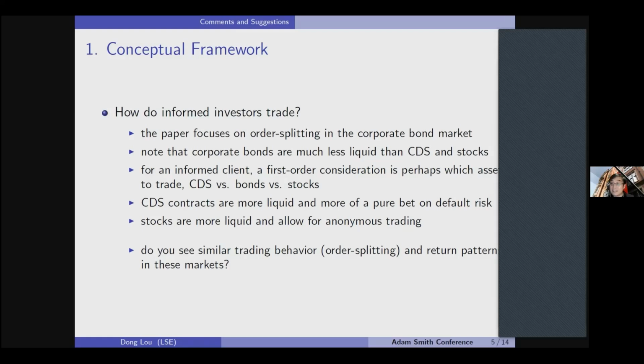Do we trade CDS? Do we trade corporate bonds? Do we trade stocks when we have the signal? Remember, CDS contracts are much more liquid compared to corporate bonds. At the same time, they're sort of a purer bet on the default risk. Corporate bonds are subject to both the default risk and interest rate risk. Stocks, again, are more liquid than corporate bonds, and they also allow for anonymous trading, so it's easier to hide yourself.